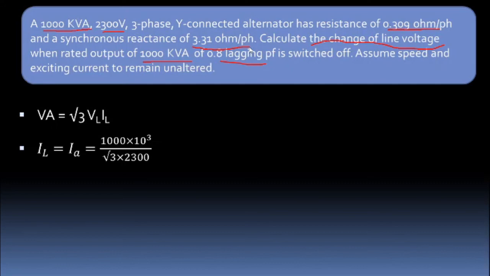So for IL, which is nothing but armature current, is equals to 1000 into 10 raised to power 3 upon root 3 VL, that is 2300. And after substituting all the values, get the value of IL or IA. So the value of current comes out to be 251.02 amperes.